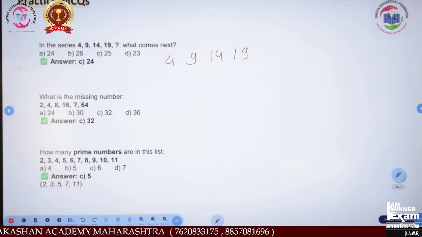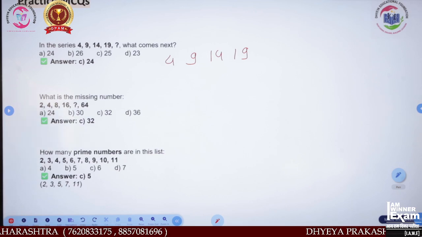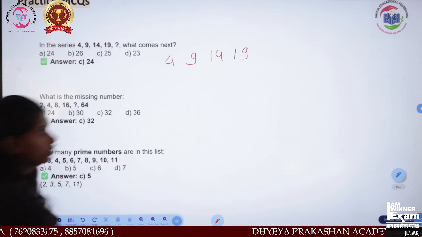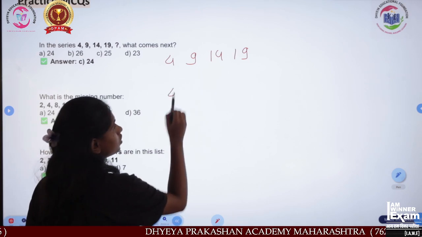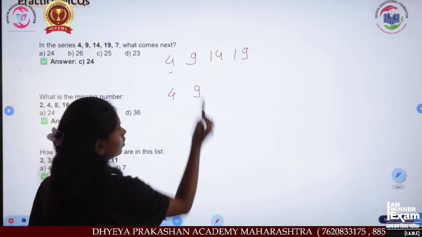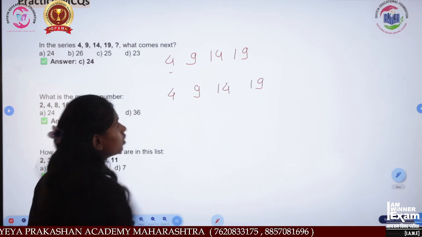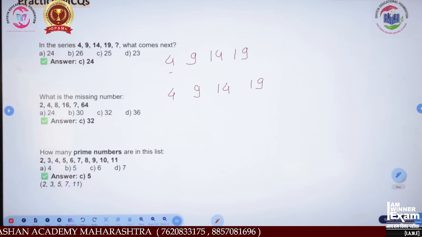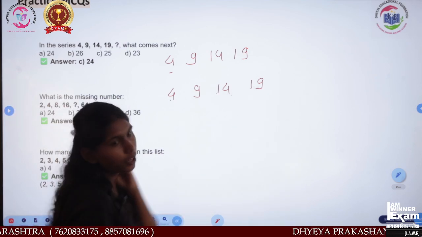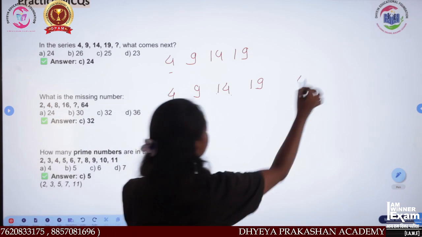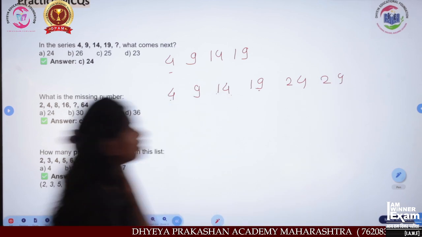Okay, so let's check whether there is a difference between these numbers or whether they are randomly written. If you look here, the first digit is 4, the second is 9, and they added 5 to the first. Means they took 4, they added 1. Then took 9, they added 1. Then what you have to do? You have to again take the 4 and add 2. You have to take 9 and add 2.